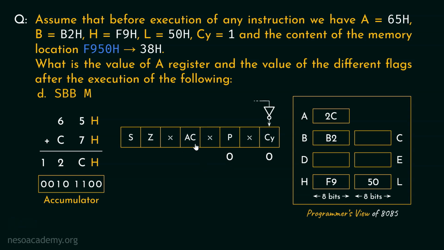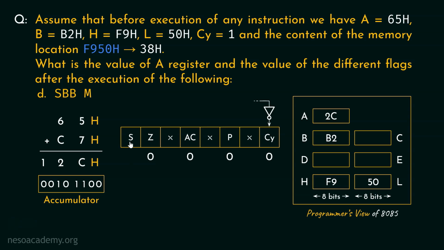What about auxiliary carry? In the least significant digits, we added 5 with 7, which resulted in C. So no carry. So the auxiliary carry flag will also be reset. What about Z flag? Within the accumulator, we don't have all zeros, so this will be reset as well.